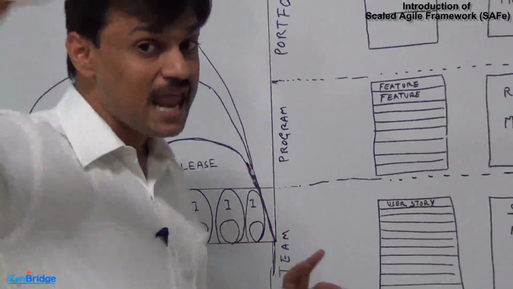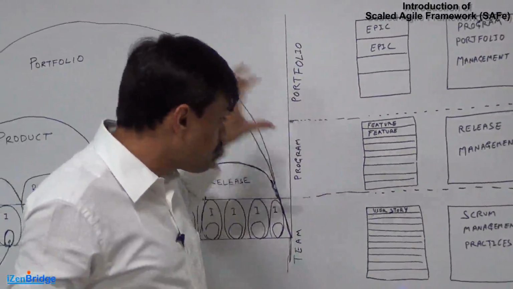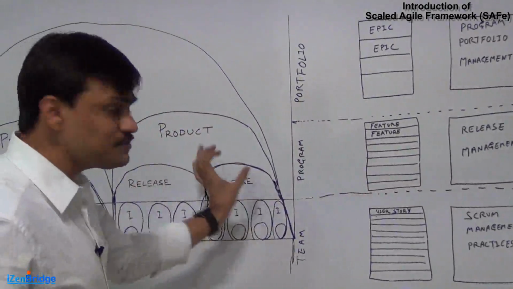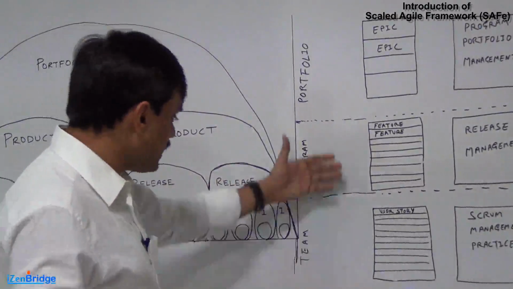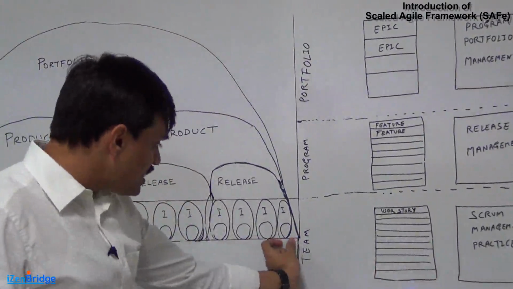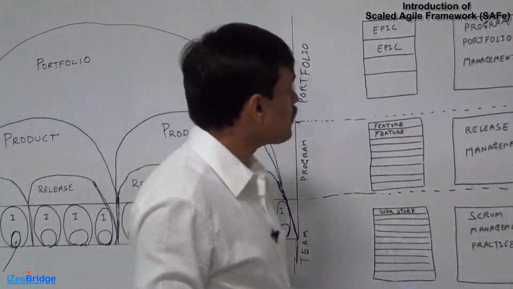So we have three levels of backlog: the portfolio backlog, which has business epics; the program backlog, which has features, mapped to release management and product management, where we look into multiple teams; and then the team runs a user story backlog, which is one instance of this particular section.